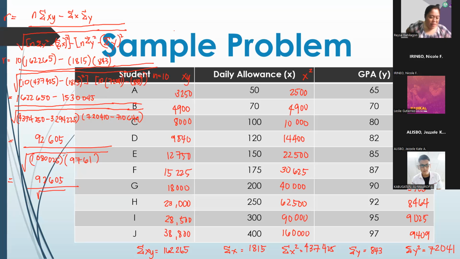So 1,080,025 times 9,761. What do we have now?